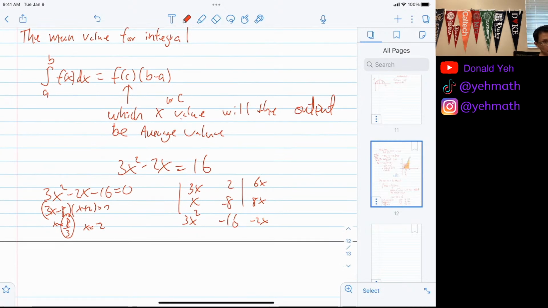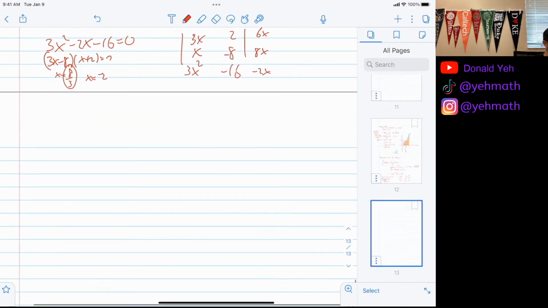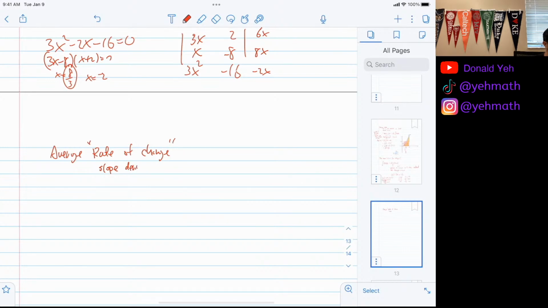For some of the people on the AP exam, I hate when people get confused between average value and average rate of change. Average rate of change is slope. Slope is derivative. Rate of change is slope, and it's also derivative if you talk about rate of change.